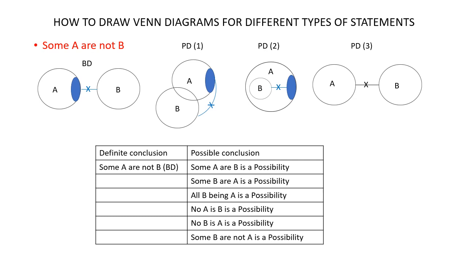One thing you have to remember while drawing possible diagrams is that you have to be absolutely sure of not violating the given statements. The possibility diagrams clearly show us what possible conclusions can be arrived at for the given statement. Now let's use these possible diagrams and see what possible conclusions can be arrived at.